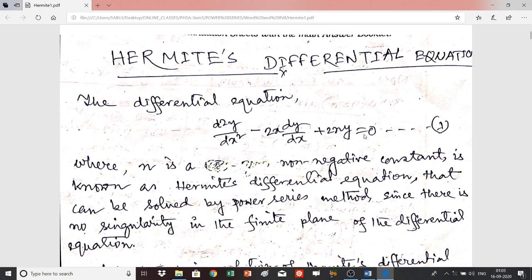Here n is a non-negative constant, and this equation is the Hermite differential equation, which can be solved by the power series method. But before doing this, we have to check whether this equation can be solved by the power series method or not.